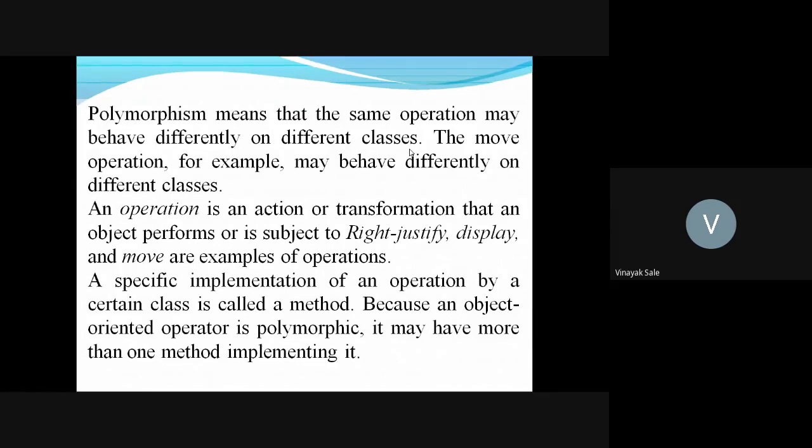All these properties are different with regard to different classes, but triangle, rectangle, circle, ellipse, parabola, whatever, these are shapes under one name. They have different forms. The move operation, for example, may behave differently on different classes.